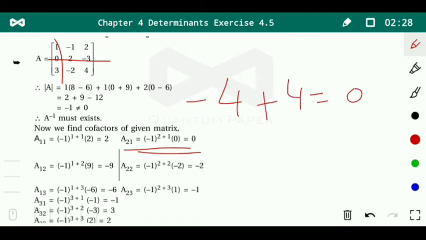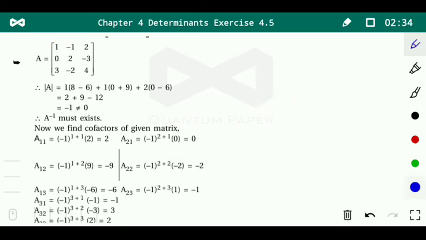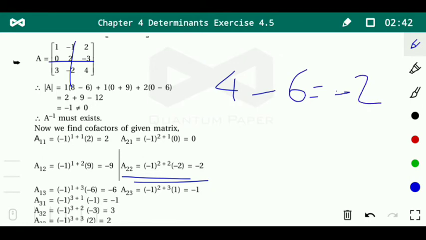No need to multiply any sign, because 0 into any number will be 0. Next A22. We remove second row, second column. So 4 ones are 4 minus 6 will be minus 2. And we multiply with minus 1 raised to 4, which is positive. So our answer is minus 2.